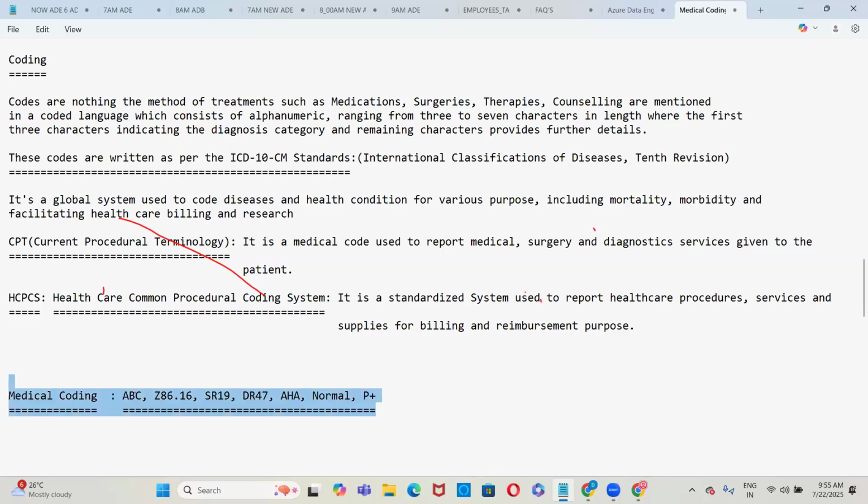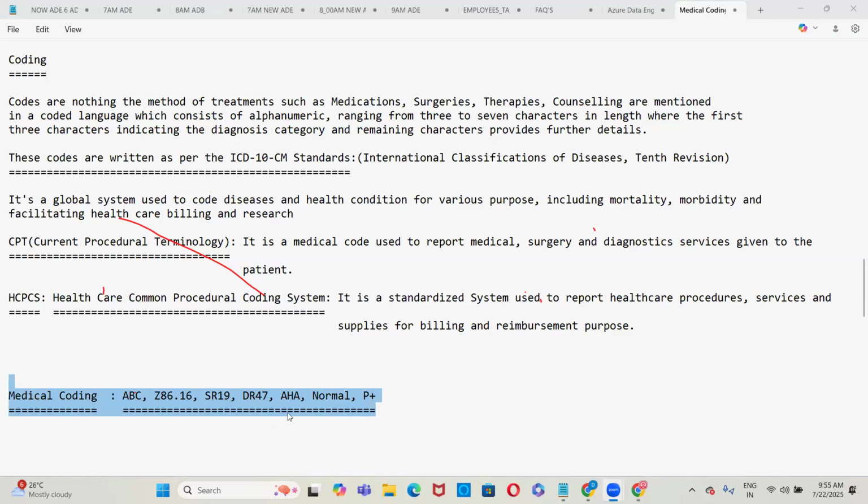So this code is mostly used for what, guys? Insurance reimbursement. Okay, and this is required by the insurance companies. And apart from the insurance companies, these codes are also used by the healthcare industry, such as clinical trial research organizations.